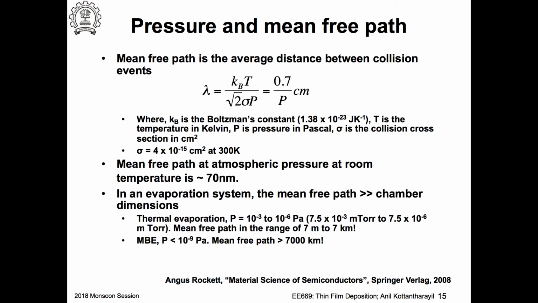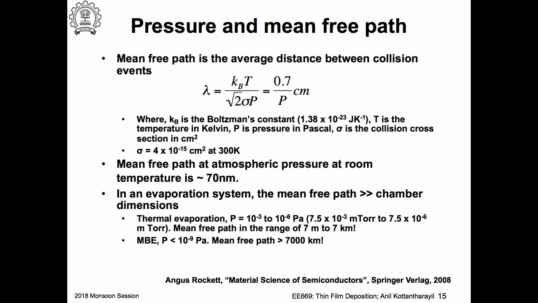For example, I'm trying to evaporate aluminum. On the way, if it collides with oxygen molecules, they may react and form aluminum oxide. What I'm looking for is deposition of aluminum, but I may end up depositing aluminum oxide instead, if I have too much oxygen and the aluminum particles collide with the oxygen.